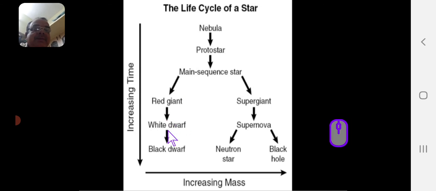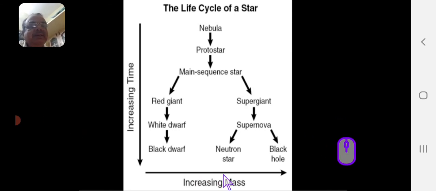White dwarfs appear white in color, larger in size but cooler. Black dwarfs also: totally, what happens here? Absence of light. We find absence of emission of light from the stars.